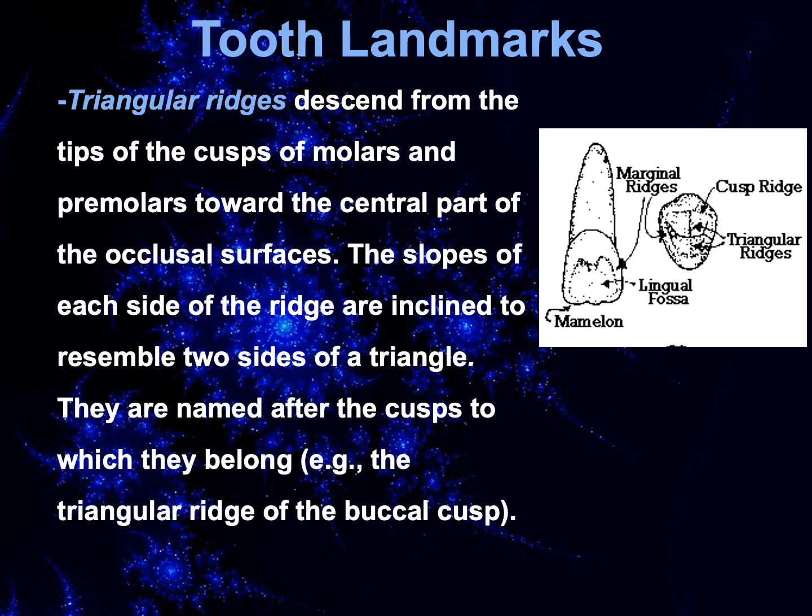The triangular ridges descend from the tips of the cusps of molars and premolars toward the central part of the occlusal surface. The slopes of each side of the ridge are inclined to resemble two sides of a triangle. They are named after the cusps to which they belong. For example, the triangular ridge of a buccal cusp.